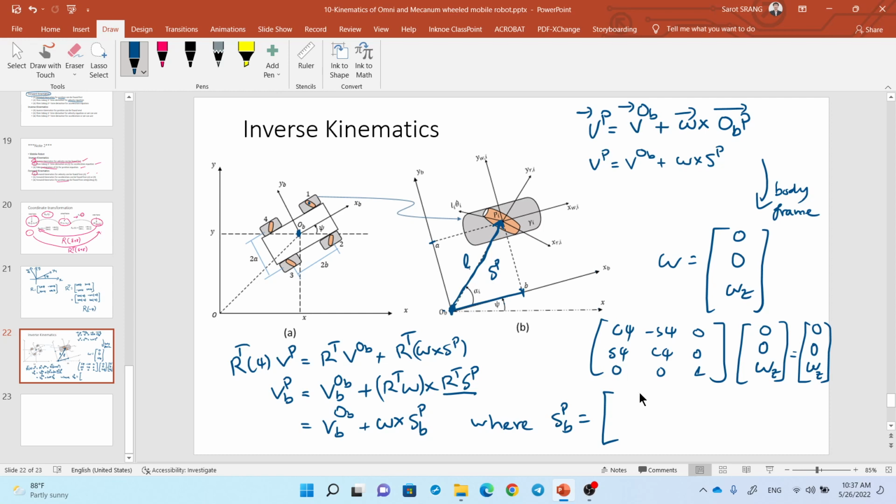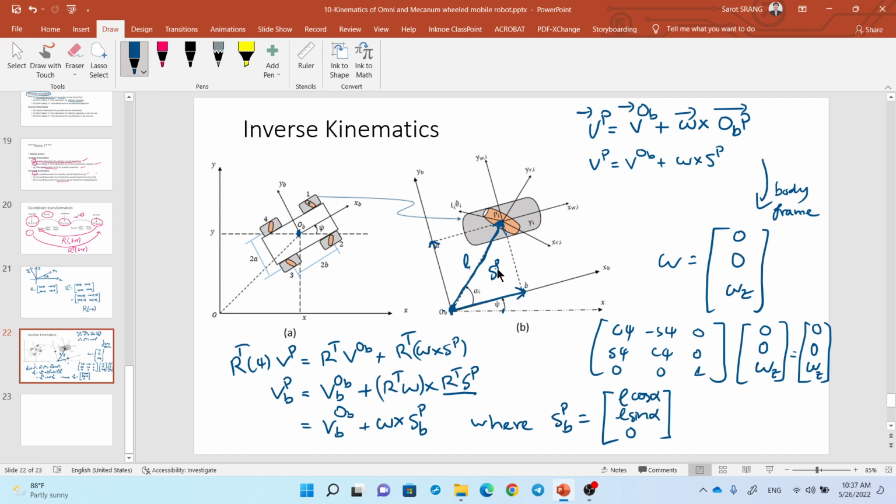So you know this L, and then you can have this one is just L cosine alpha and L sine alpha. If I want to write three components, L cosine alpha, L sine alpha, and 0, right? For this S, SP here is on this frame, but SP on the B frame here is this one.